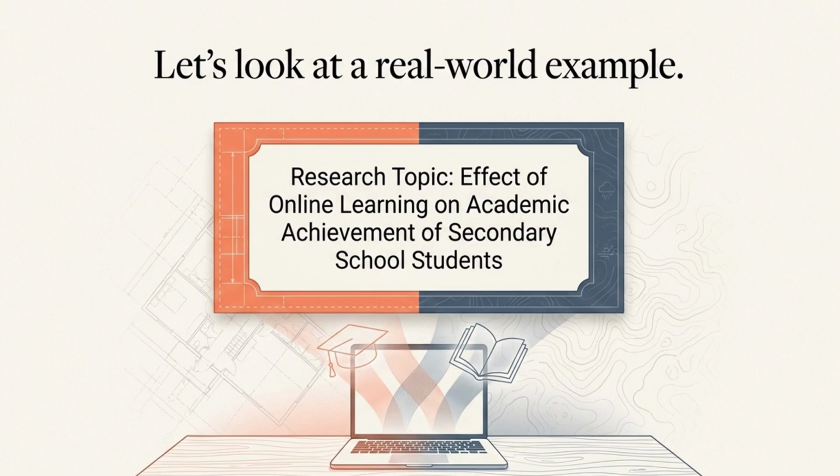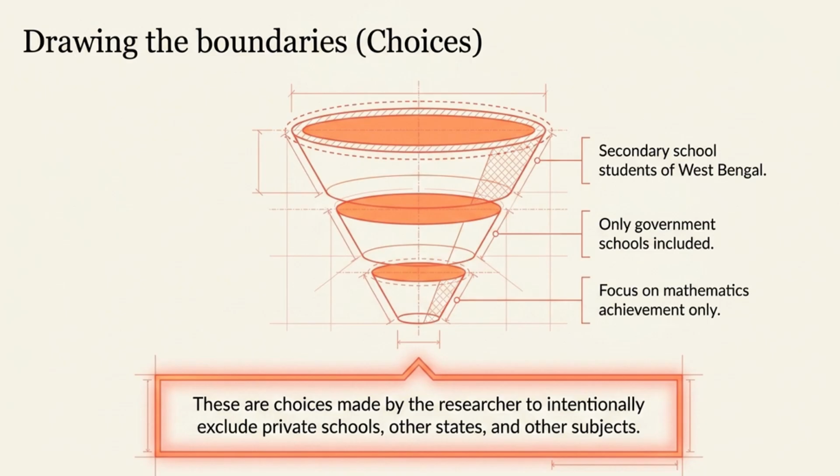Now, let us understand this concept through a real research topic. Suppose the research topic is the effect of online learning on academic achievement of secondary school students. Suppose the researcher decided to study only secondary school students of Birbhum district, include only government schools, and focus only on mathematics achievement.